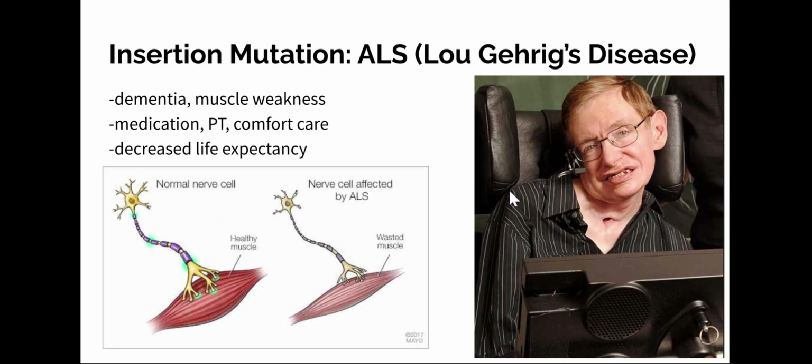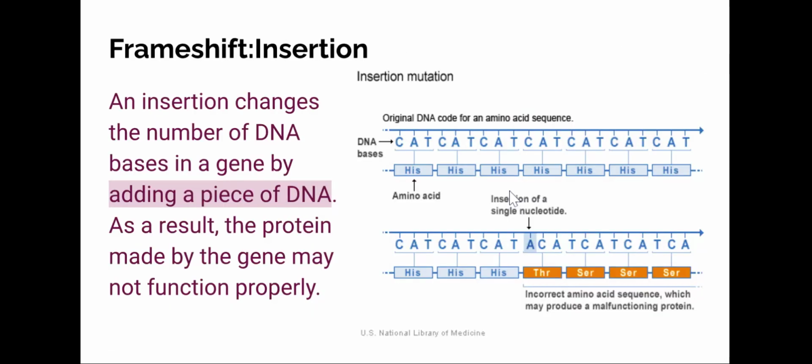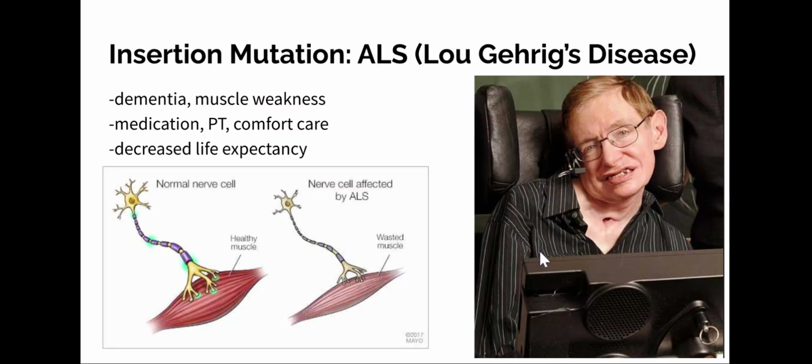Actually, Stephen Hawking lived a fairly long life for somebody who had Lou Gehrig's disease. Most people's lives are much shorter if they're diagnosed with ALS or Lou Gehrig's disease, but it's all caused by just one extra nucleotide being added in, and that changed the entire protein that was made in Stephen Hawking's cell.